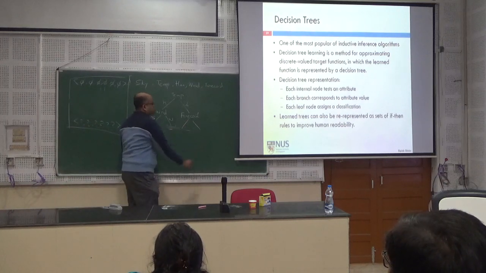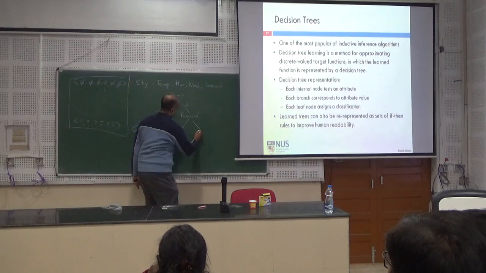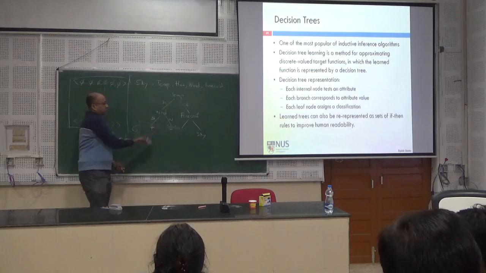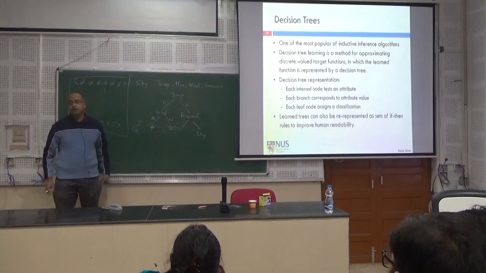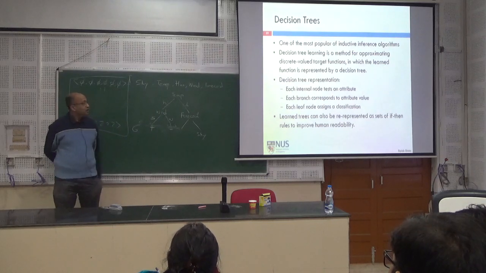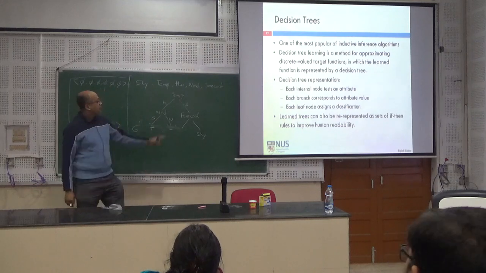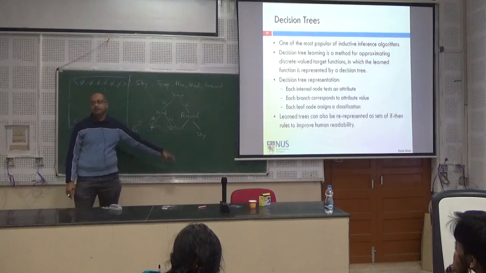And similarly for forecast. Maybe for forecast, I now have to look at the sky. Right? The depth of my tree doesn't have to be the same in all the branches. But this is the idea. At different nodes, I will test different conditions, and based on the path you follow, at the end of each path will be a classification.